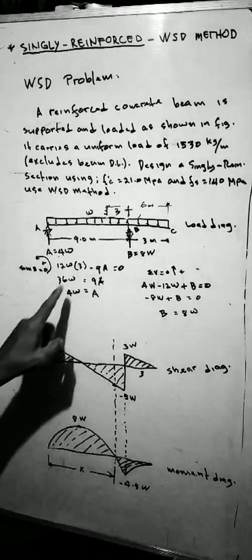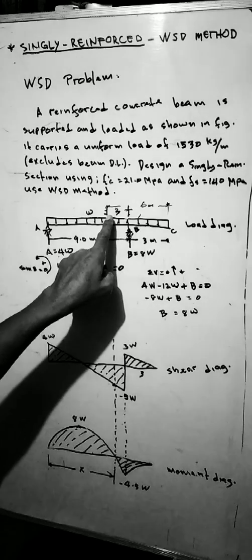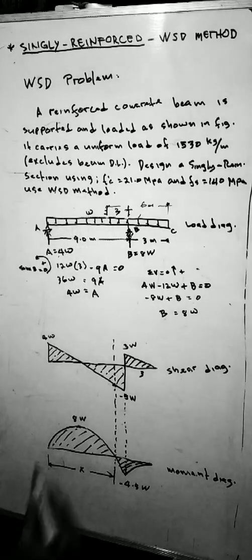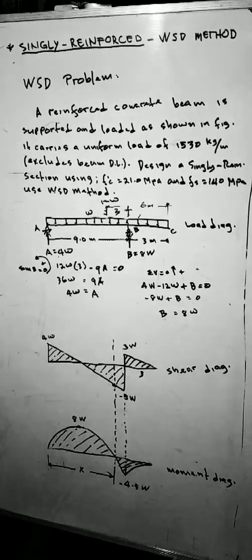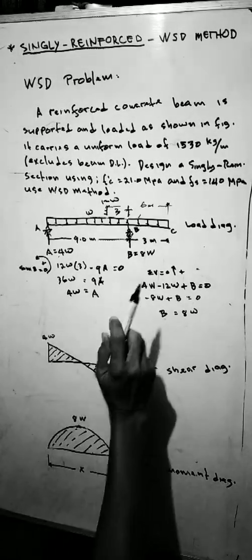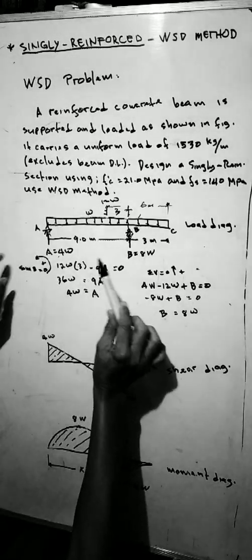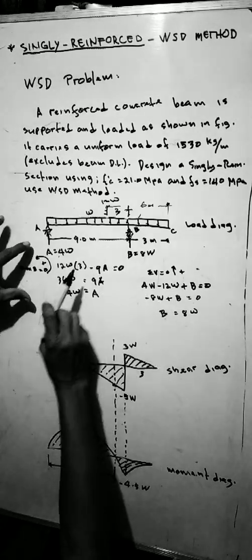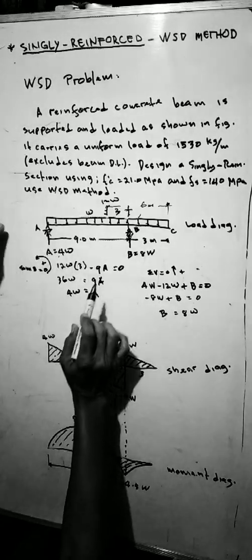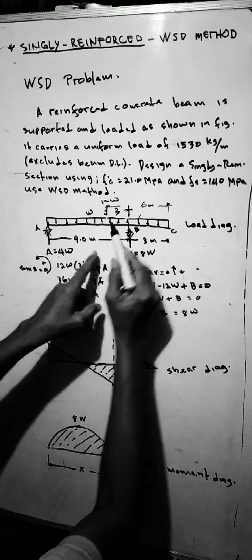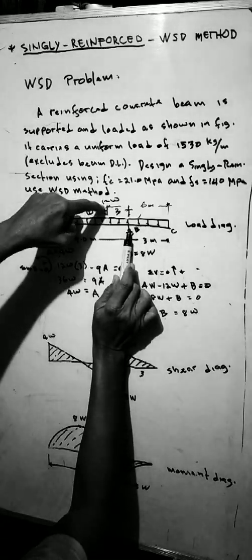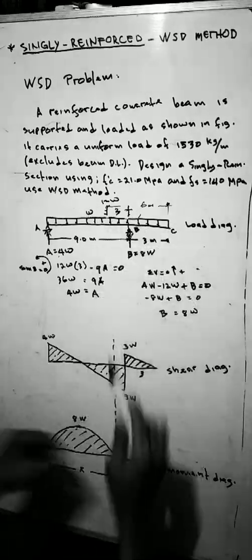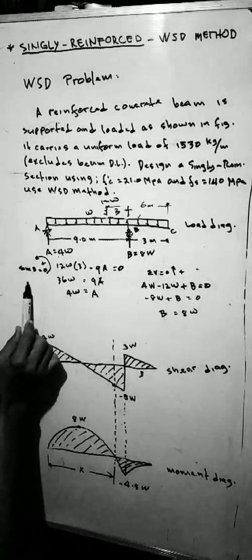So that is this concentrated load, 12W. Okay? And then this is positive because this is counterclockwise from here. So that is positive according to our assumption.